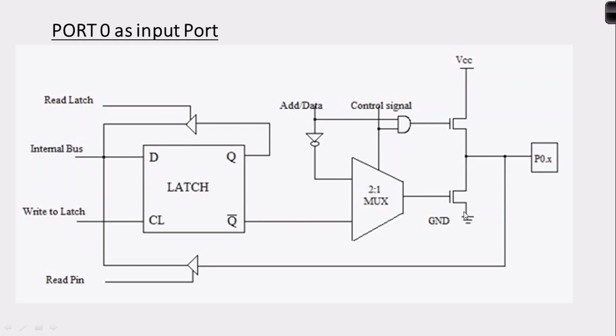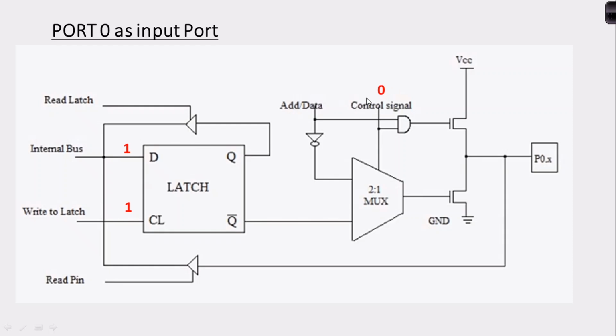Now let us look at the condition where I can use my port 0 as an input port. As we said in the previous slide, if you want to use any port as an input port, we pass 1 to it. So let us pass 1 over here, and I'll make my control signal 0.